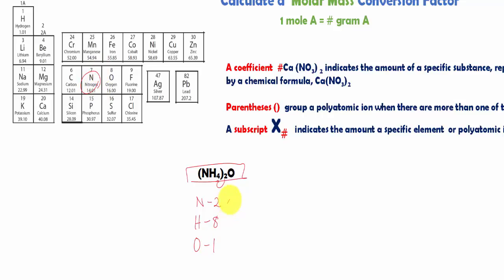Nitrogen, we multiply by 14.01, hydrogen is 1.01, and oxygen again is 16.0. Using our calculator, we have 28.02, 8.08, and 16.00. We add them all together and have 52.10.